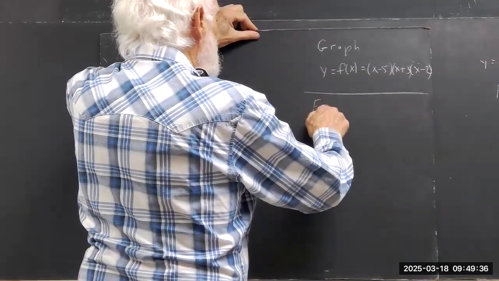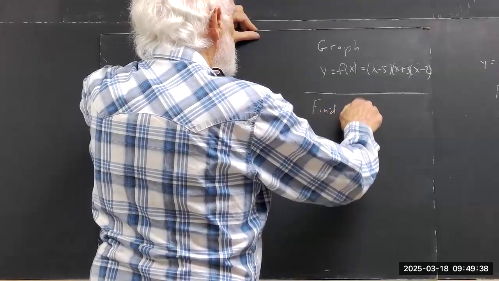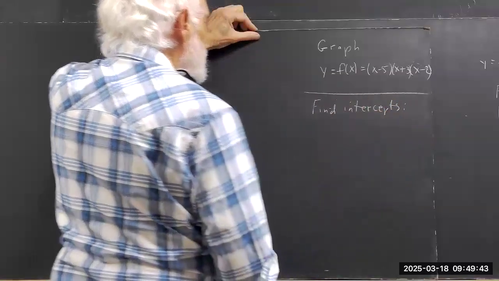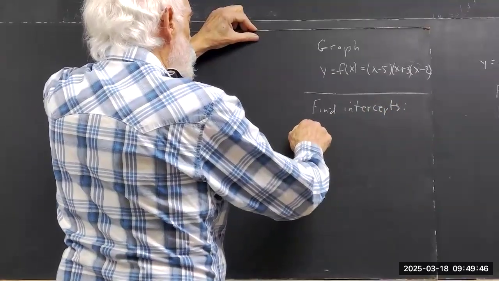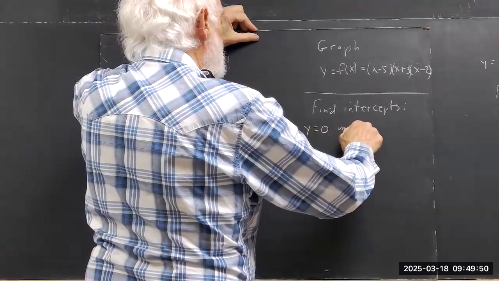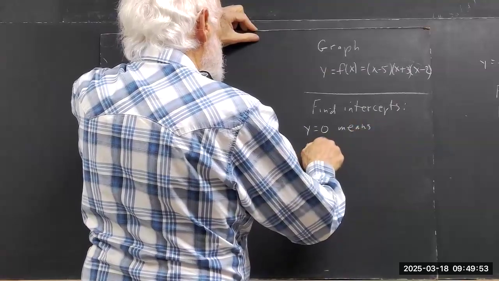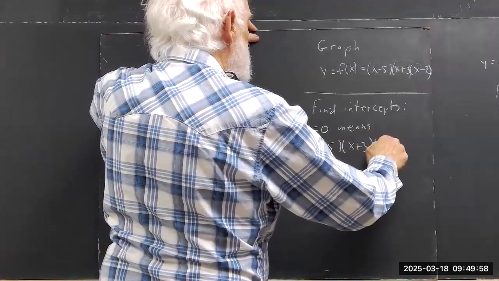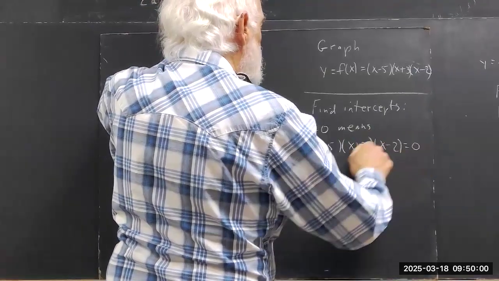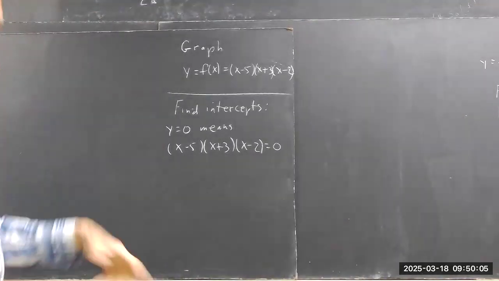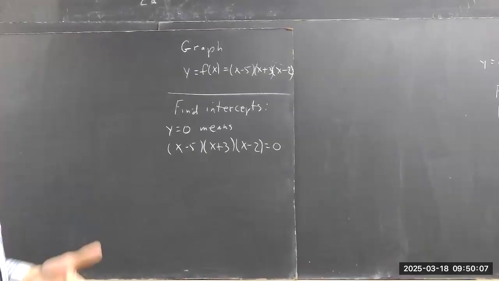We find the intercepts. To find the intercepts, we let y equal 0, which will give us the x-intercepts, or x equal 0, which will give us the y-intercept.